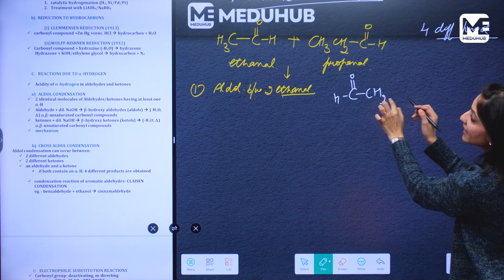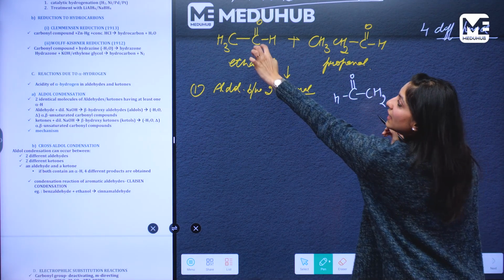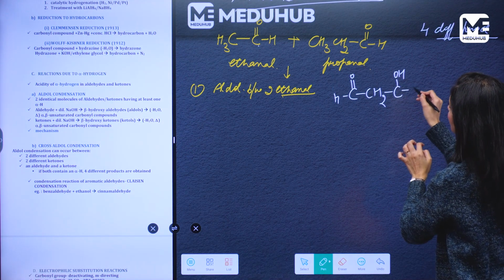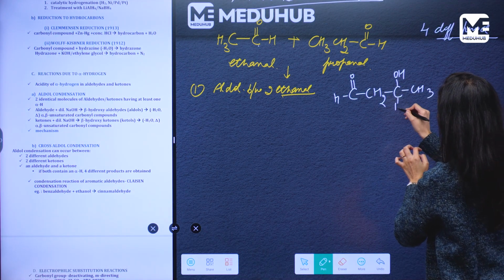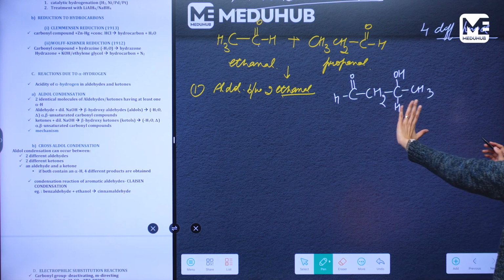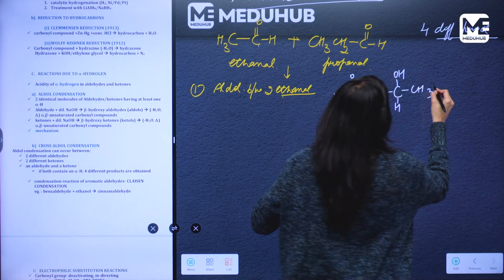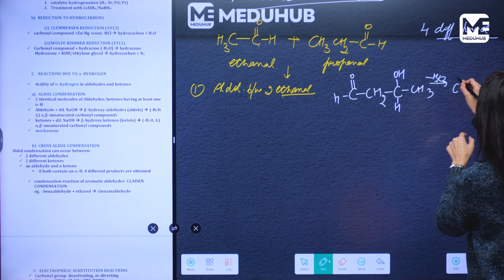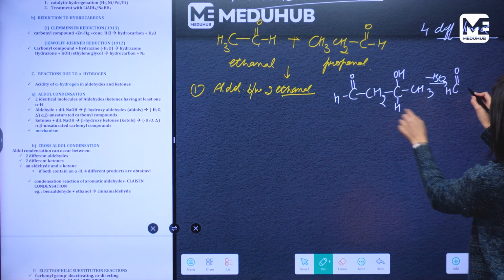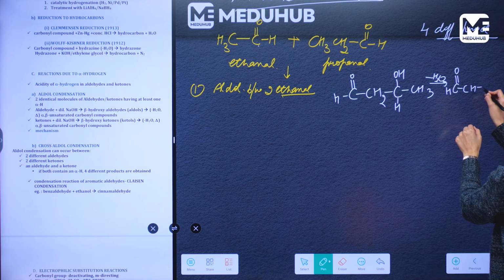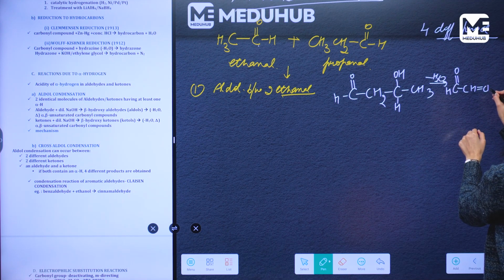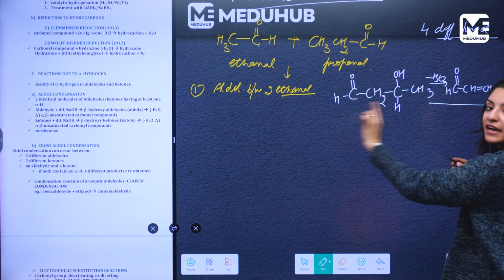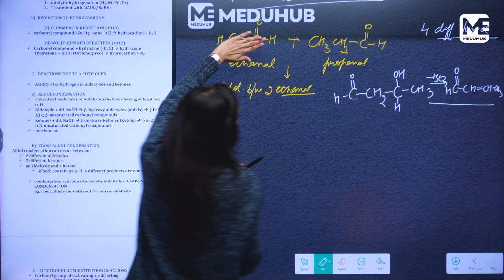This carbon ion attacked another molecule of ethanol at this carbonyl carbon. To give us this hydroxy compound. Now this will lose a molecule of water and give us this. This will be the simple aldol product between two molecules of ethanol.